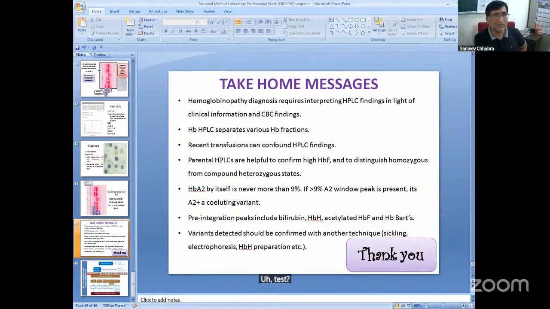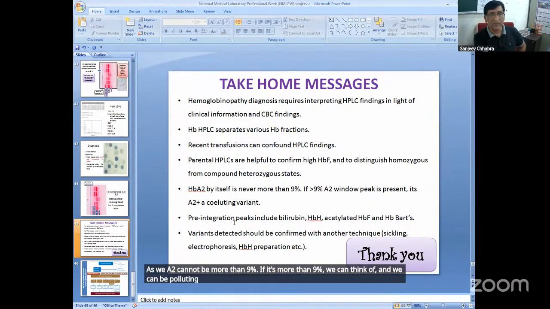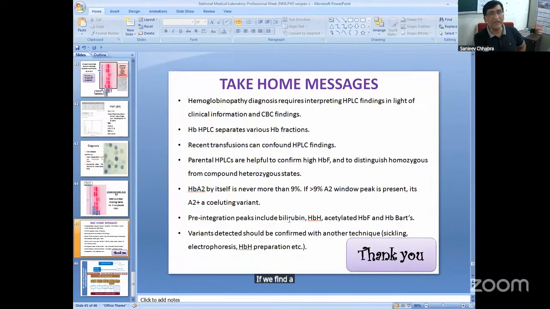We should also do parental screening to confirm high HbF, to distinguish between homozygous and compound heterozygous states. HbA2 cannot be more than 9%. If it's more than 9%, we can think of a variant co-eluting along with the A2. If we find abnormal peaks, it can indicate HbH, HbF, Hb Bart's. And it should be confirmed with other techniques like sickling, electrophoresis, HbH preparation.